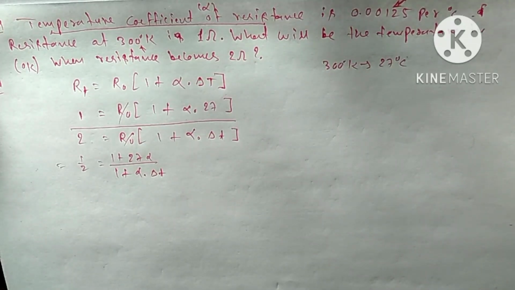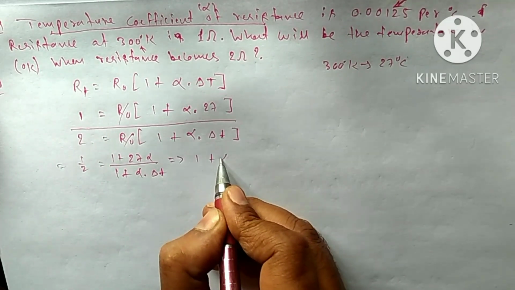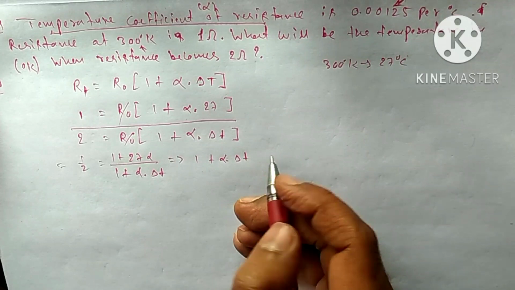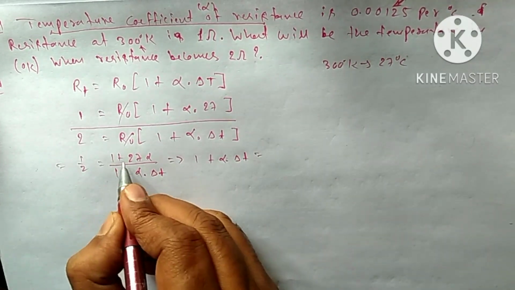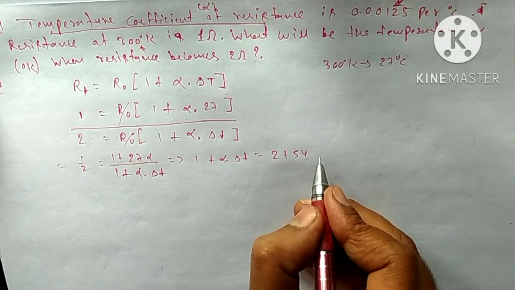Okay, so again by cross multiplying we get 1 plus alpha into delta T is equal to 2 multiplied by (1 plus 27 alpha), which is 2 plus 54 alpha.